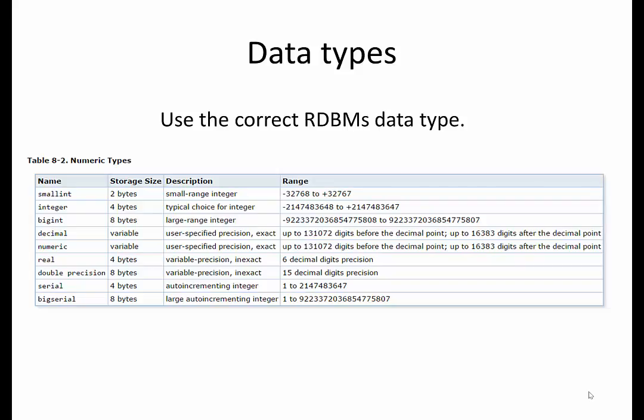In your entity relationship diagram, you've got an attribute that's going to be a number of some kind. Remember, in the entity attribute diagram, you don't declare whether it's a number or anything like that. It's just the name of a field. In the physical model, you have to actually implement a data type. So you've got a choice here in Postgres of all these different data types. Which one do you choose for any particular job?